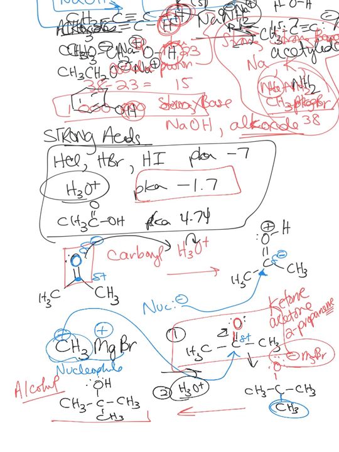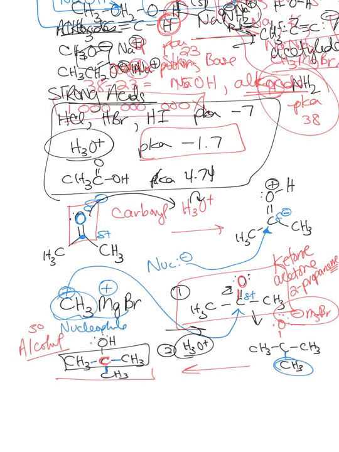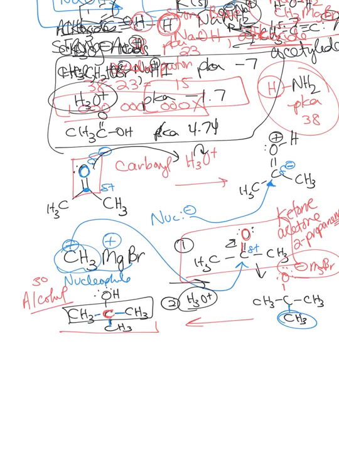Whenever you get an alcohol, you classify it. This carbon is connected to 1, 2, 3 carbons, so it's a tertiary alcohol. And if you find your longest chain, that happens to be 2-methyl-2-propanol.